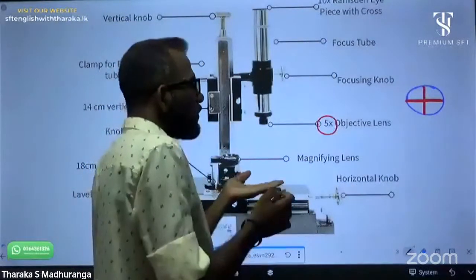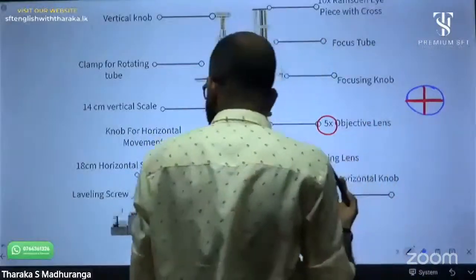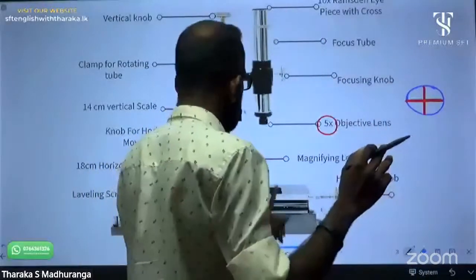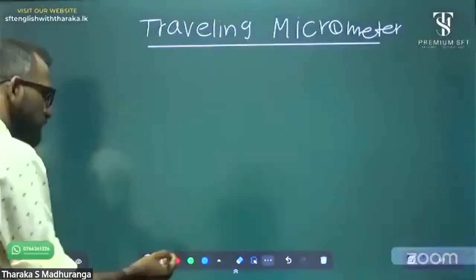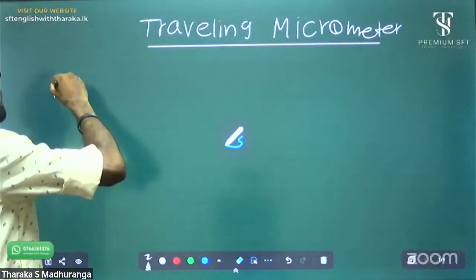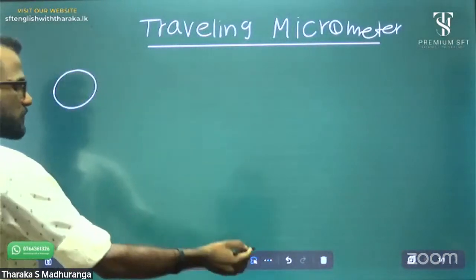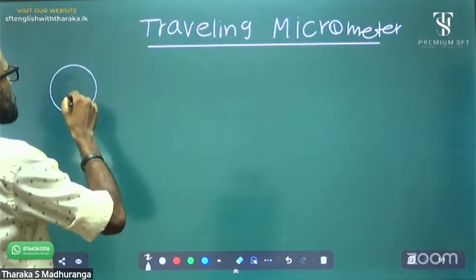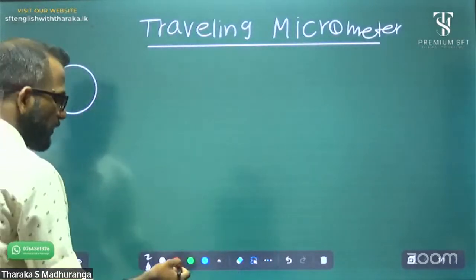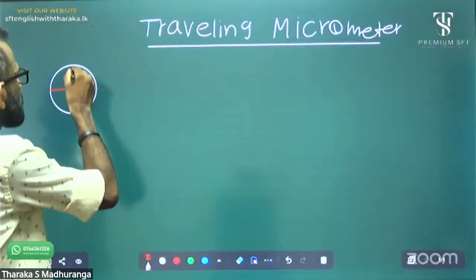Okay. Now clearly understand this, very important. Think this is the microscope view, and there is the red cross line.